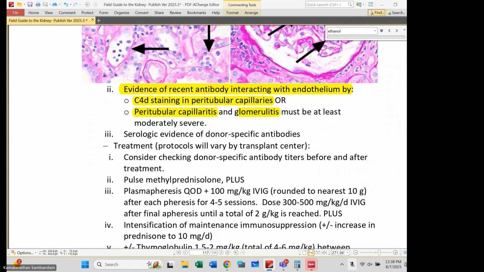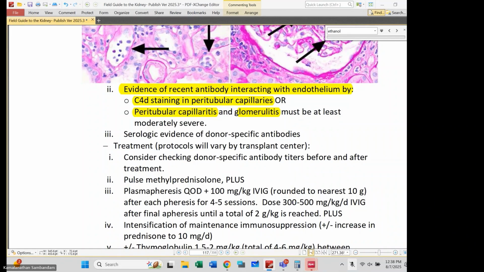Okay. C4D, if you remember your nomenclature, is a fragment. It's a cleavage piece of C4. Anytime in the complement nomenclature there's an A, a B, a C, a D, these are all just pieces of the mature whole complement component.